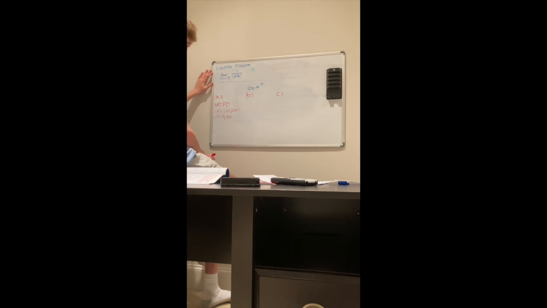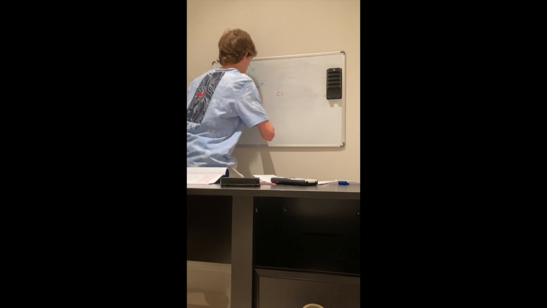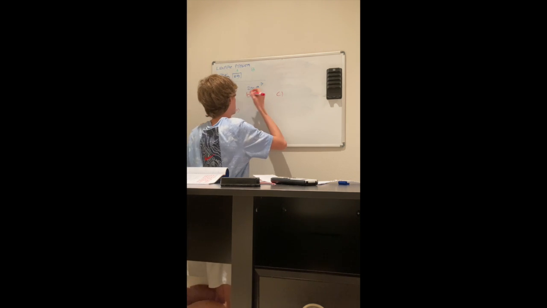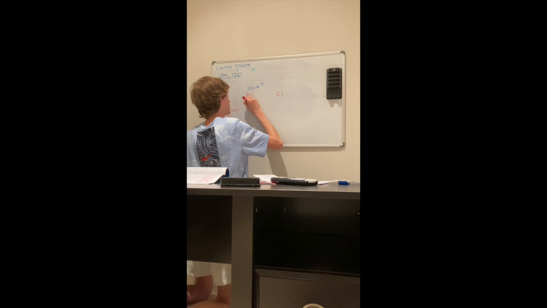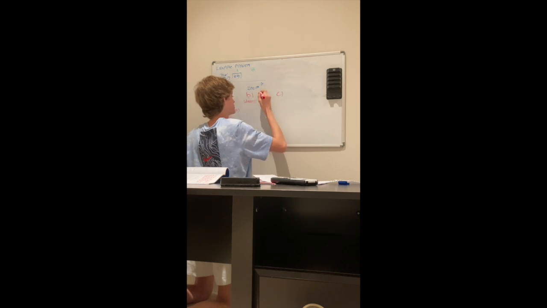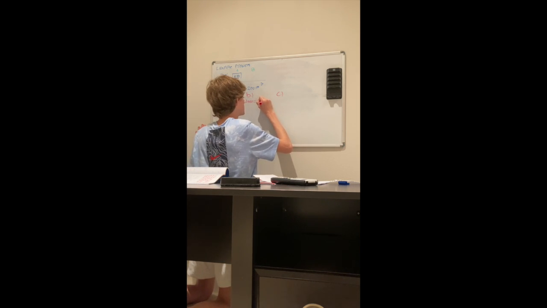And since there's really only one force being applied on the object, this is the net work of the whole system. So we can say that the net work is equal to kinetic energy final minus kinetic energy initial.